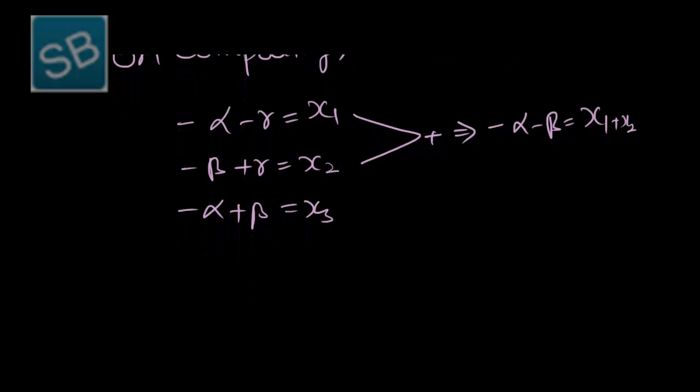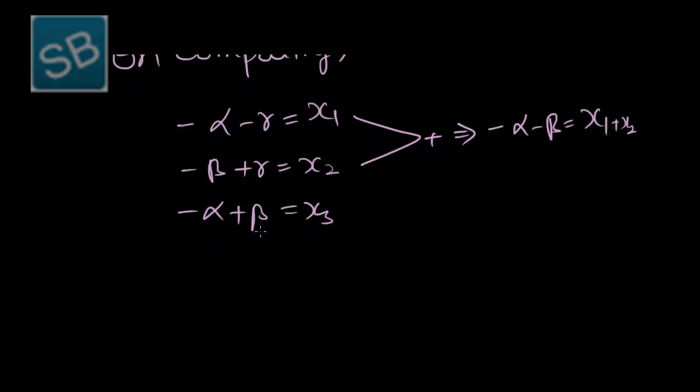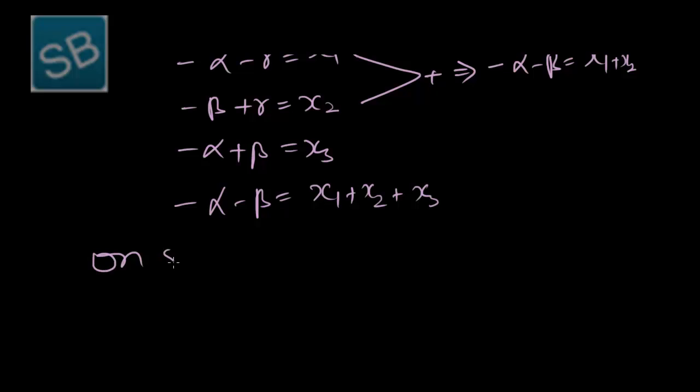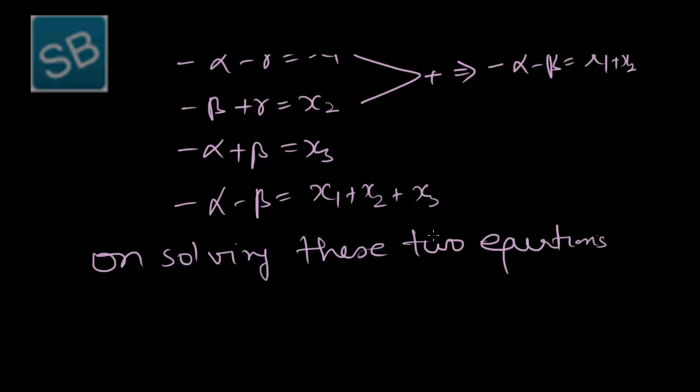And we have the equation minus alpha plus beta is equal to x3.